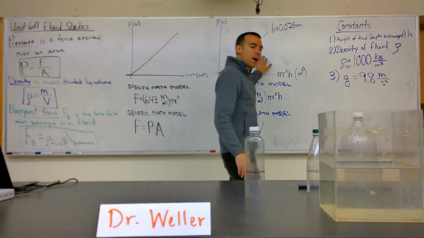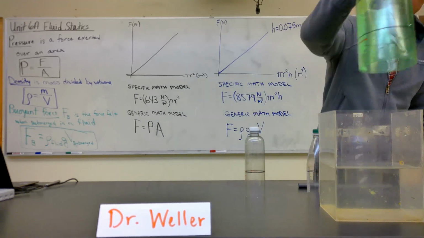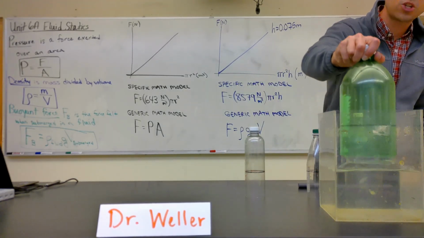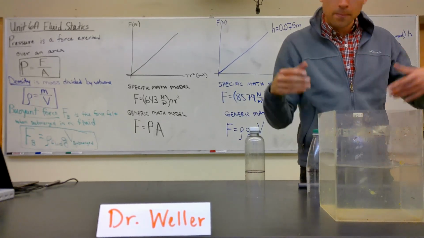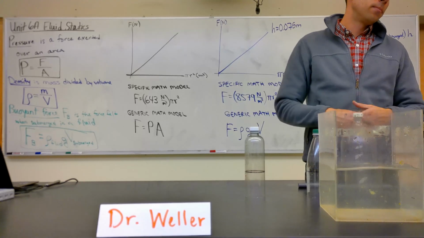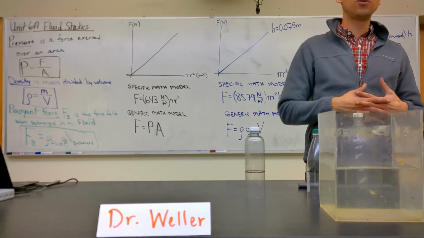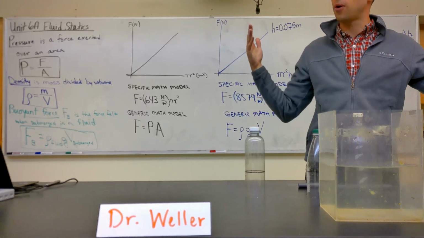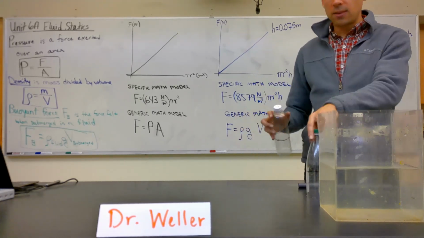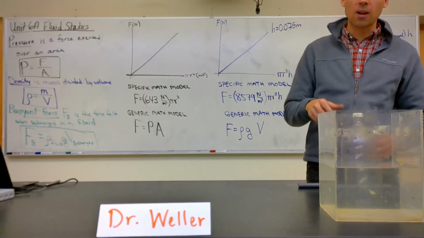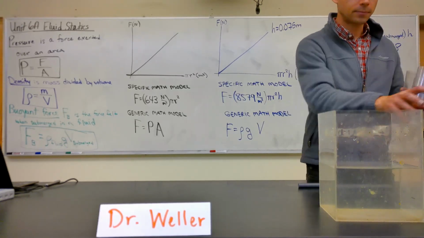We proved that, we showed that we had a relationship between the force and however much volume we submerge it in, and it is dependent on those constants, rho and G. If I had a thicker, heavier, denser fluid like maple syrup or honey or mercury, then the pressure or the buoyant force would end up being much, much greater.